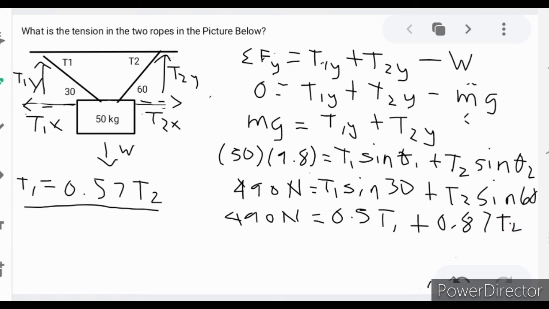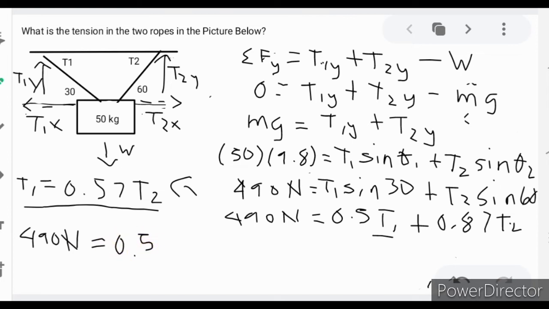And by this time, we can now substitute the equation for T sub 1 in order for us to have T sub 2 only in the equation. So we can just substitute the equation for T sub 1. So we have now this equation.